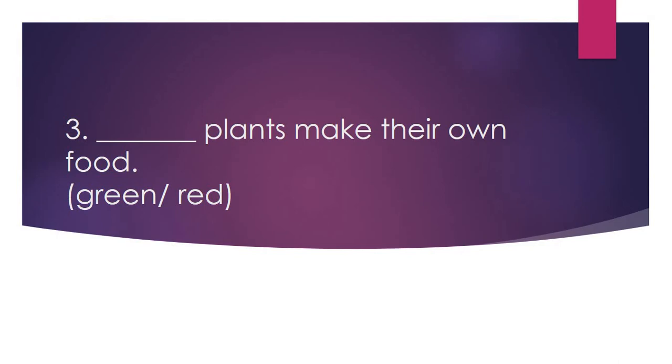The correct answer is green. Green plants make their own food. While explaining you the lesson, I even explained you that the process by which green plants make their own food is called photosynthesis. For that they need air, soil, then they need sunlight, with the help of which they prepare their own food.